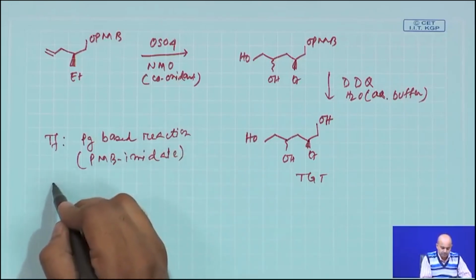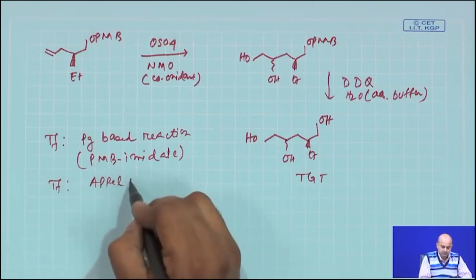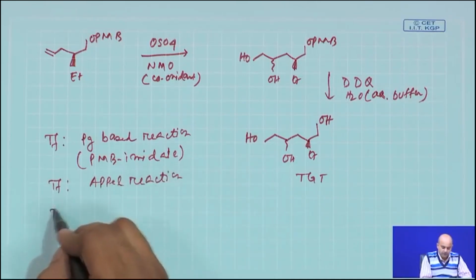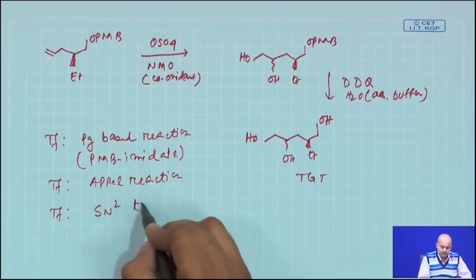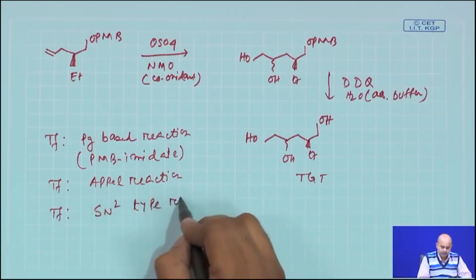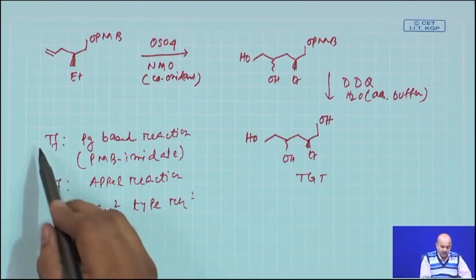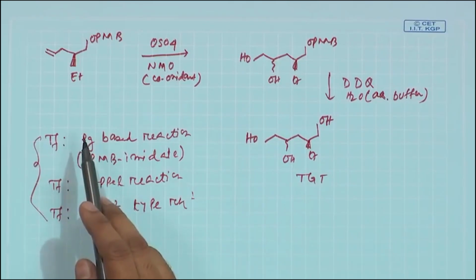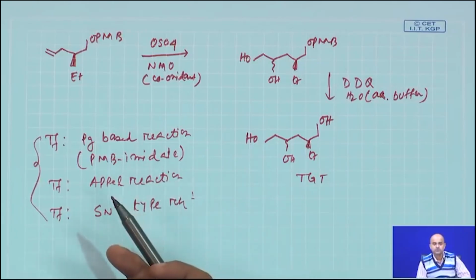Then we use an Appel reaction to generate the corresponding bromide from the alcohol, and then we are also using an SN2 type reaction. So, all these reactions have been combined together, and eventually you can classify this particular retrosynthetic pathway as a combination of all the three. Basically, we are using functional group based chemistry.